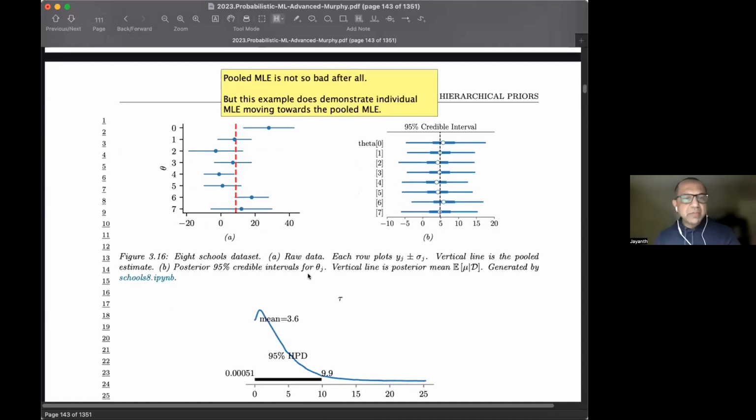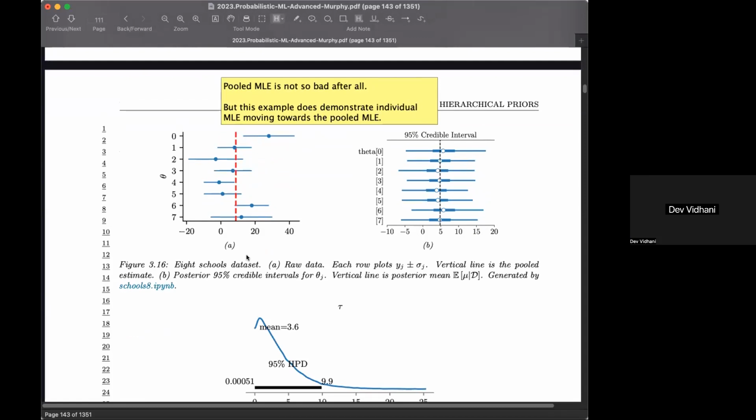Each of these has its own Python notebook.